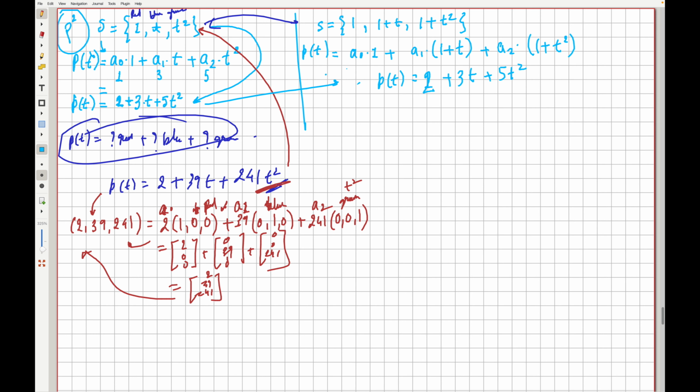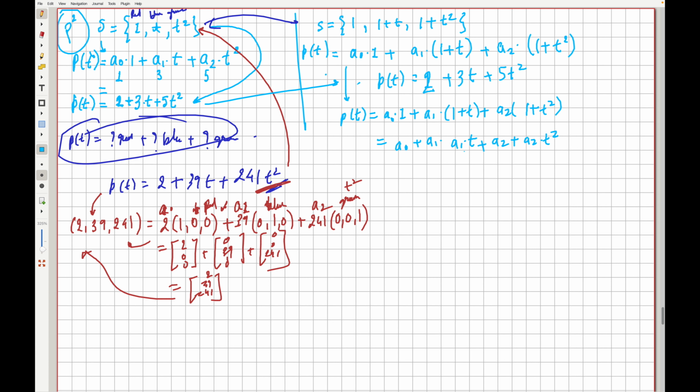Now in the tilted basis, which is this one, we can write p of t as a0 times 1 plus a1 times 1 plus t plus a2 times 1 plus t squared. That comes out to a0 plus a1 plus a1 times t plus a2 plus a2 times t squared.